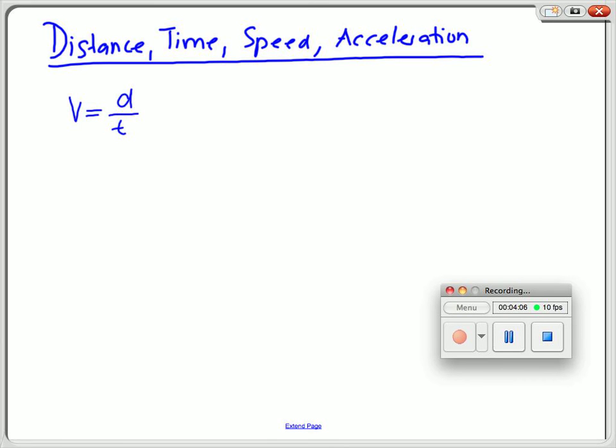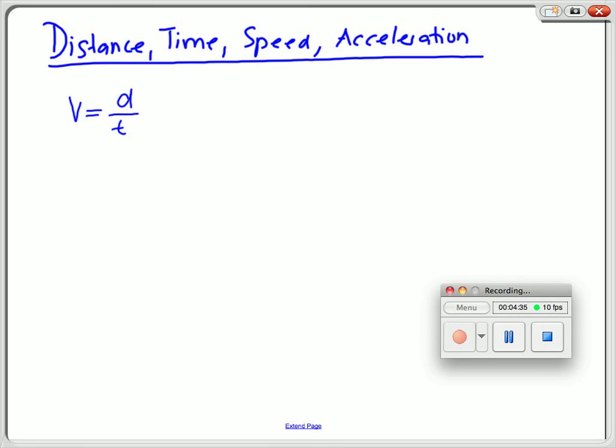When we talk about speed, it means that an object is moving a certain distance in a certain amount of time. So what this formula stands for is how far does the object actually move in, for example, 1 second. Now, if something has a higher speed, it means it would move a larger distance in that 1 second. So I would get a larger value for my speed or velocity.